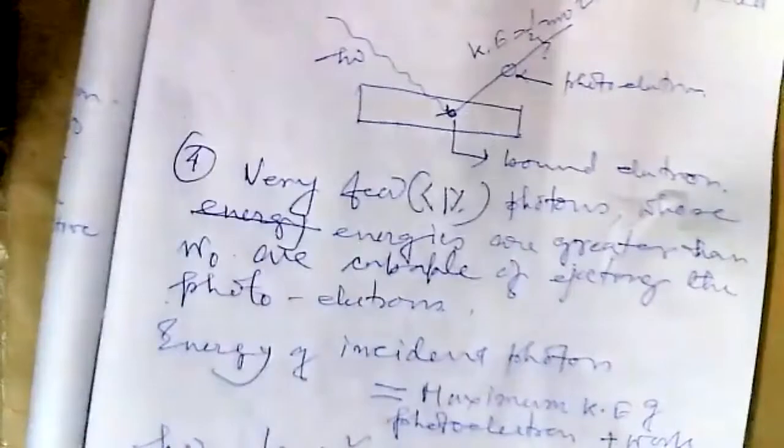Now these two equations, one is K max equals h nu minus W naught, this is equation 1, and this is equation 2.